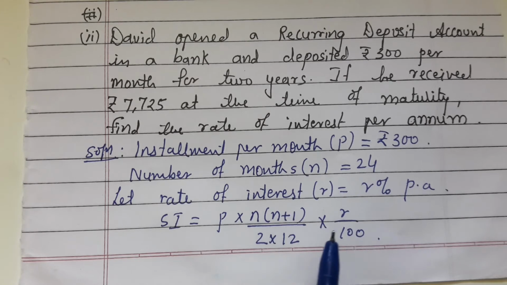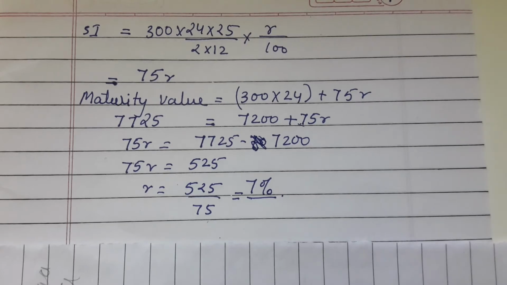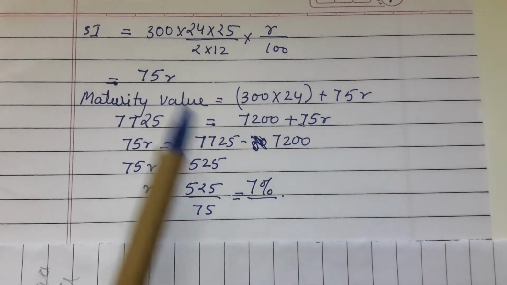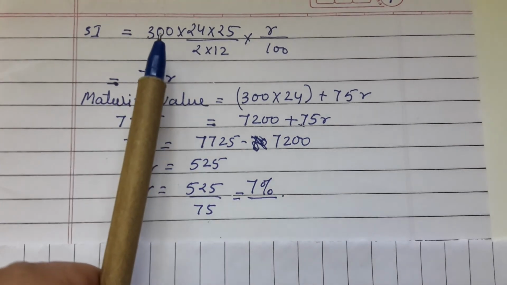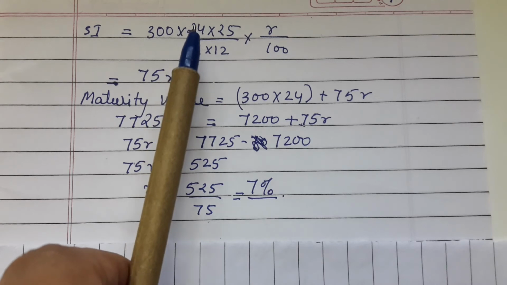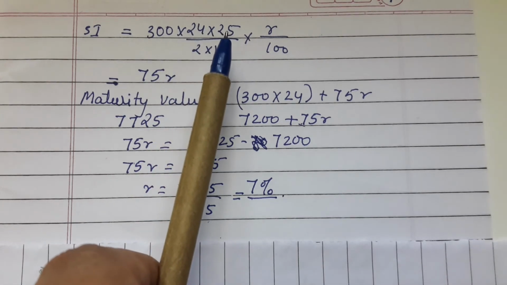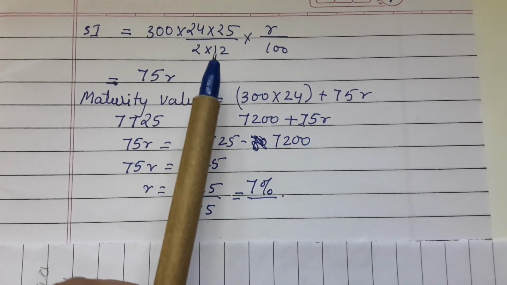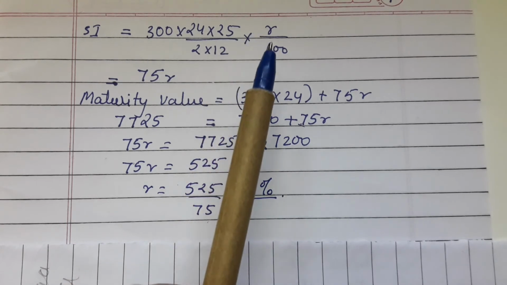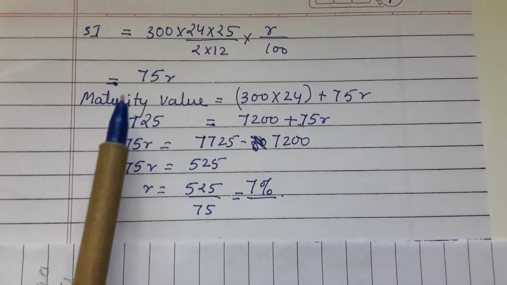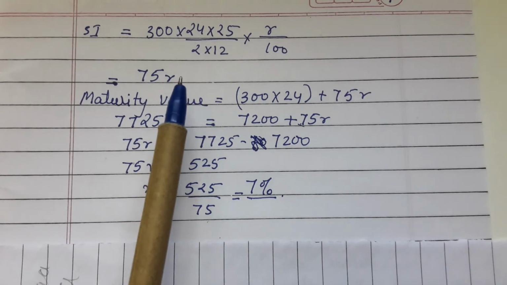Write the formula for interest and substitute. Simple interest is equal to P, 300, into n, 24, into (n plus 1), 25, upon 2 into 12 into R upon 100. That is equal to 75R.